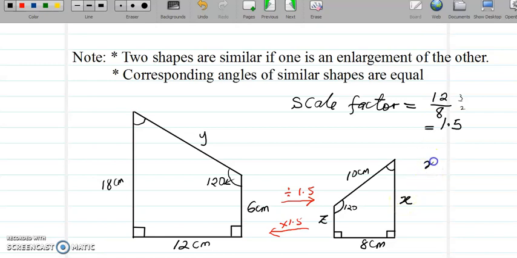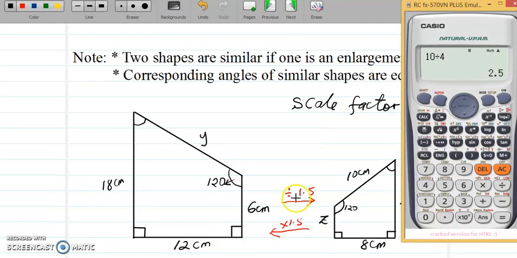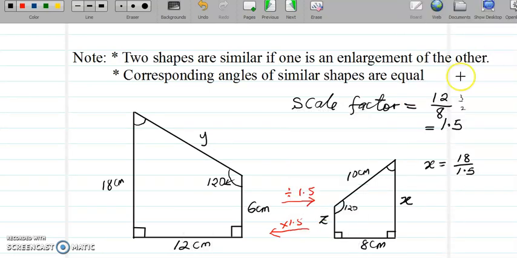Since I'm reducing, I have to divide by 1.5. So 18 divided by 1.5, we have 12.